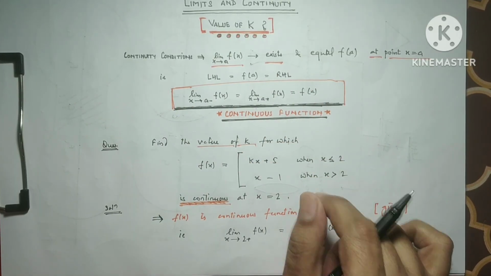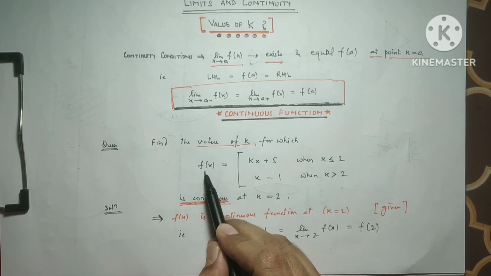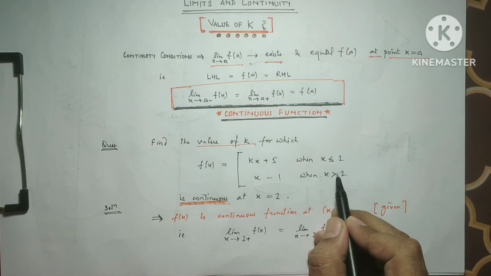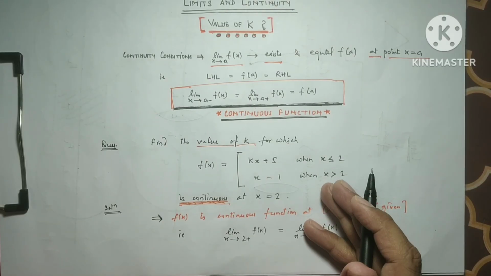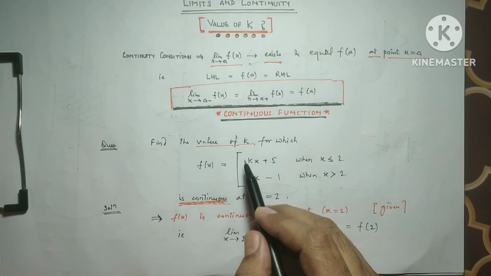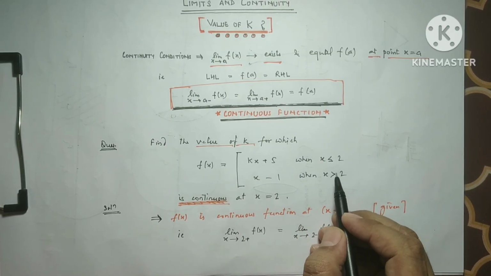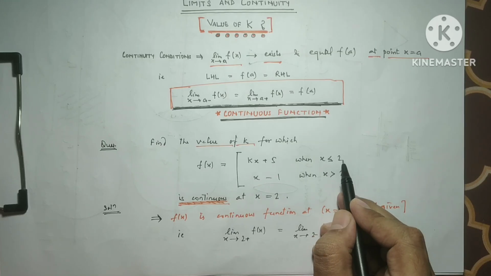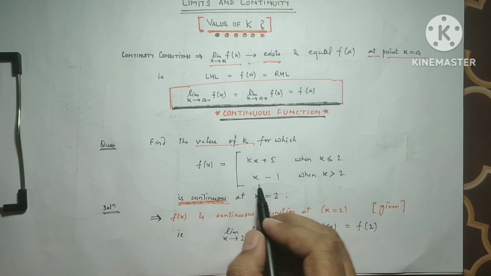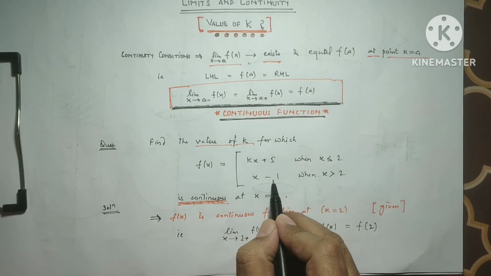So in this question we have a function and the point is 2. We will discuss the continuity at x equals 2, x greater than 2, and x less than 2. According to the definition, if x is greater than 2, then we use x minus 1.